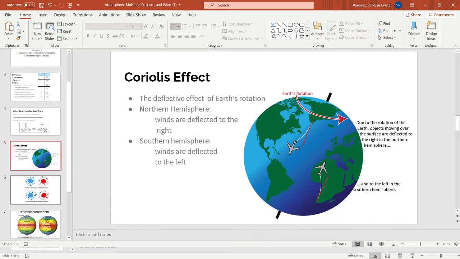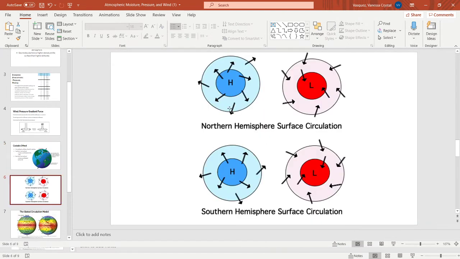When we get to this diagram, air in a high pressure system moves clockwise, and air in a low pressure system moves counterclockwise in the northern hemisphere, and it's reversed in the southern hemisphere.